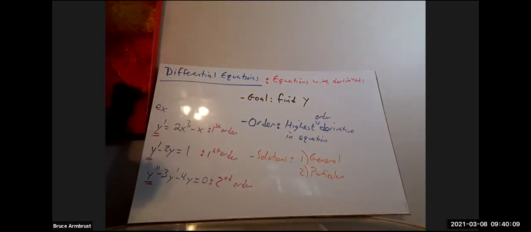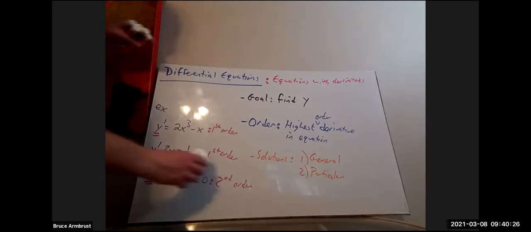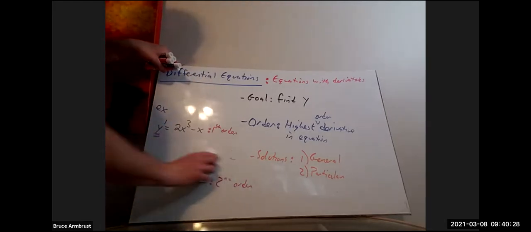And I think to show you the difference between general and particular, I want to come back to this first example that I put up here, y prime equals 2x cubed minus x, because you guys can solve it.